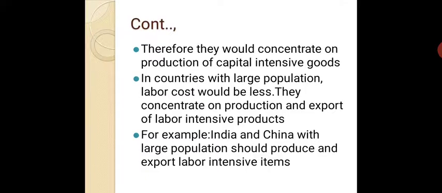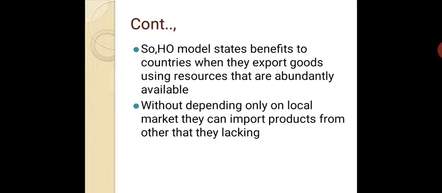The HO model states the benefits to countries when they export goods using resources that are abundantly available, and they can import products from others that they lack. That they lack means insufficient.